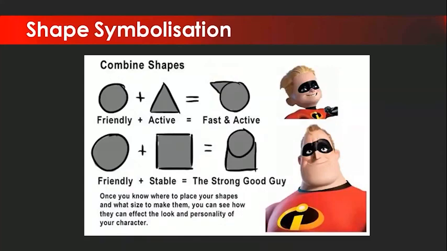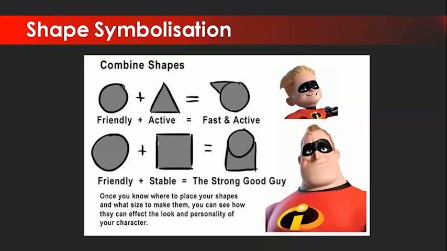The best example is The Incredibles. How many of you have seen this film? I hope everyone has seen Incredibles Part 1, the first film. In that you can see each and every character has a blend of two shapes, like friendly plus active. For the first kid character, you can see the activeness: they used triangle shapes especially for the hairstyle, and the friendly shape especially for the facial look, jaw and eyes.